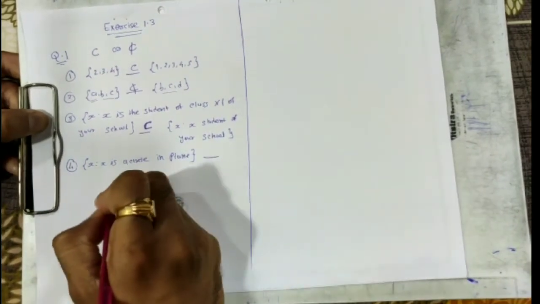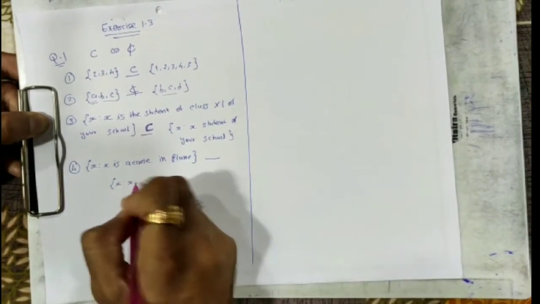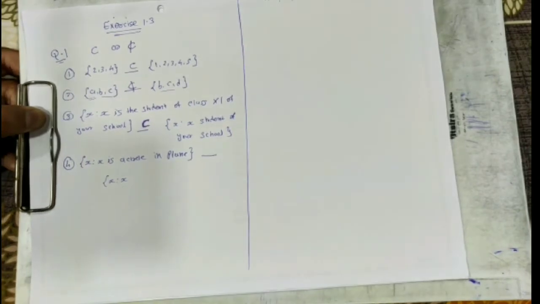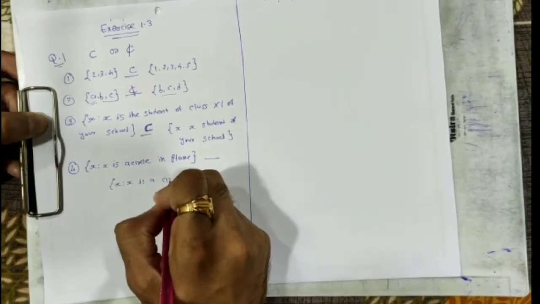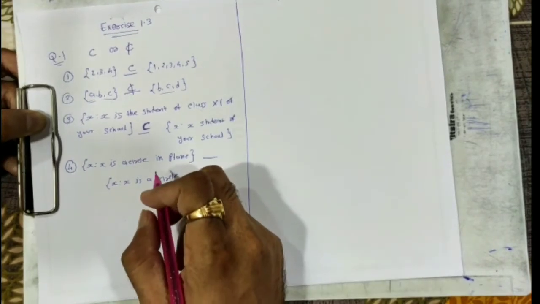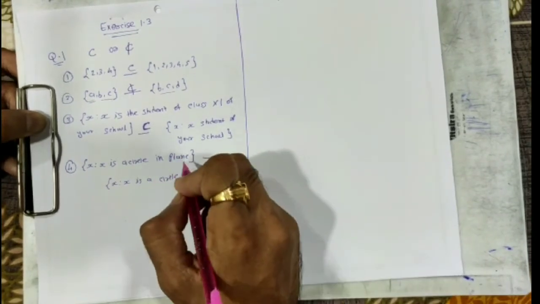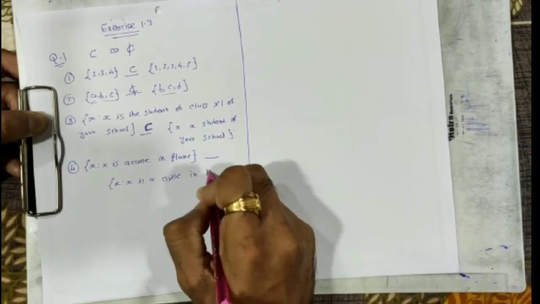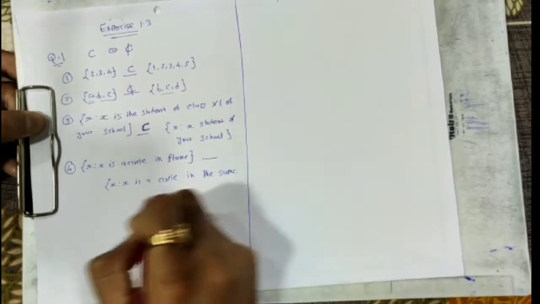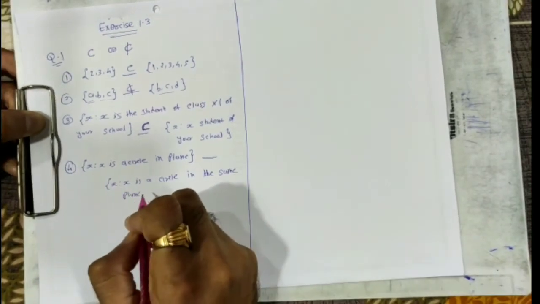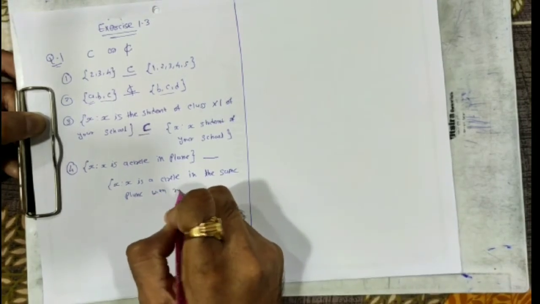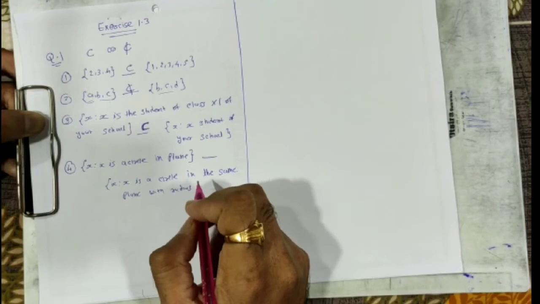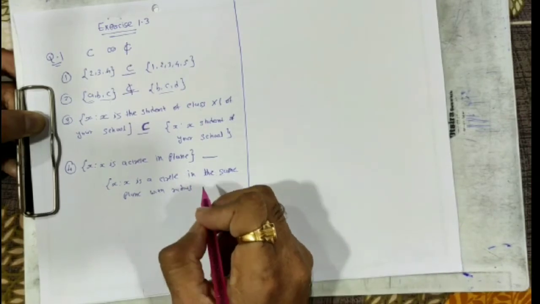Another set is {x: x is a circle in the same plane with radius 1 unit}.